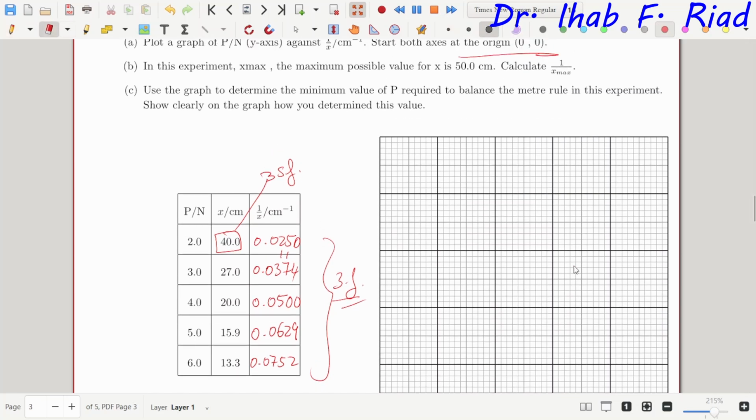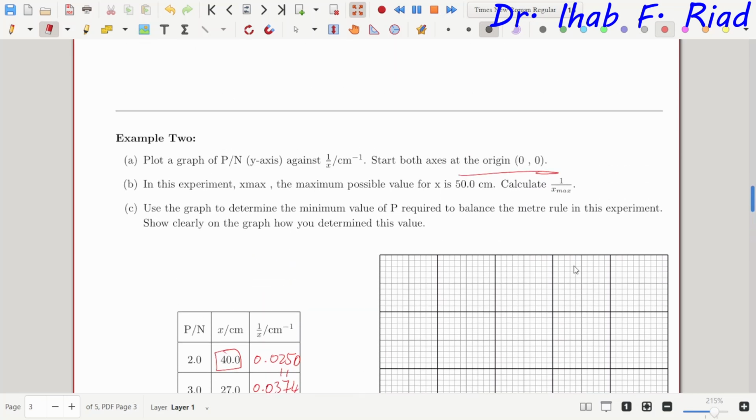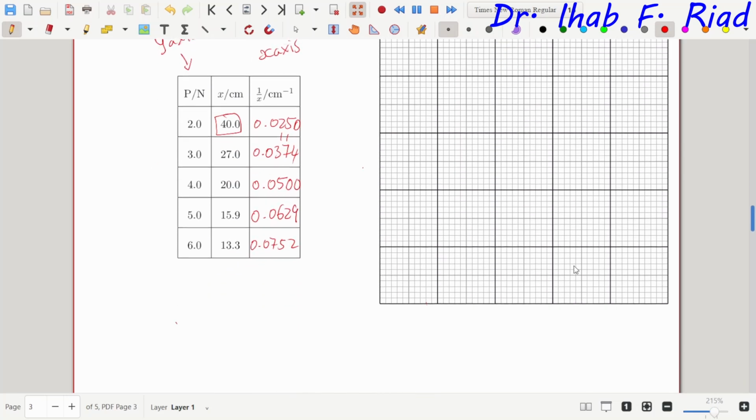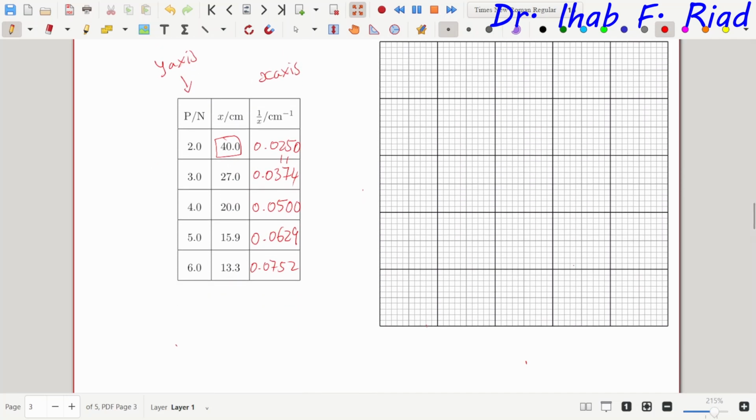Now let us label our axes. P is on the y-axis, 1 over x is on the x-axis. So we have 1 over x in centimeter minus 1 and P in newtons.